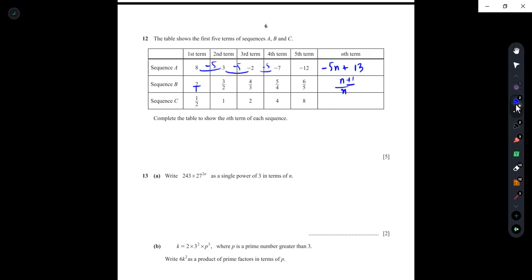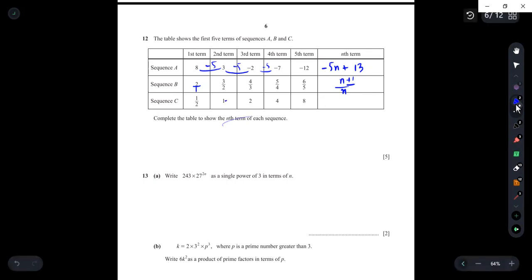And the third sequence is 1 over 2, 1, 2, 4, 8. Again, if we ignore the first term, then we get 1, 2, 4, 8. What we see here is that the sequence is increasing rapidly: 1, then 2, then 4, then 8. So we can say we are multiplying by 2. Otherwise, we can also consider that these are the powers of 2.